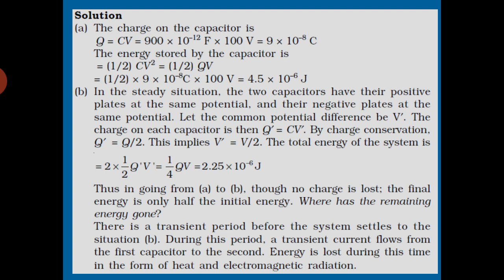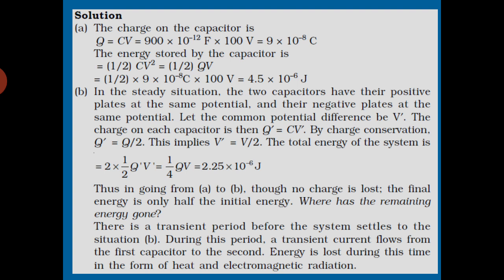Where has the remaining energy gone? We have studied this. There is a transient period before the system settles to situation B. During this period, a transient current flows from the first capacitor to the second. Transient current means flow of charges will take place until a common potential is attained.